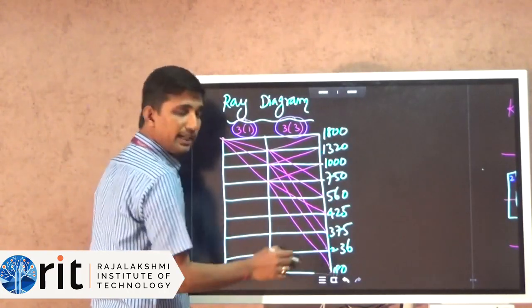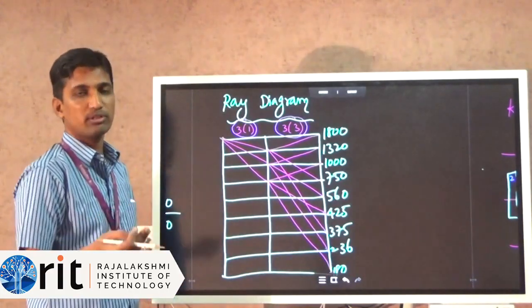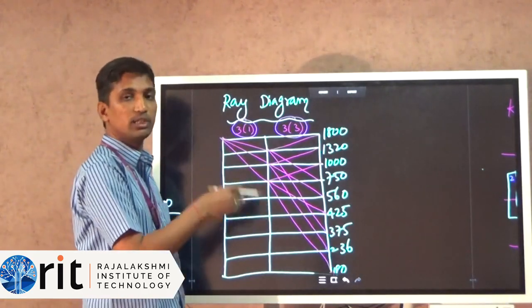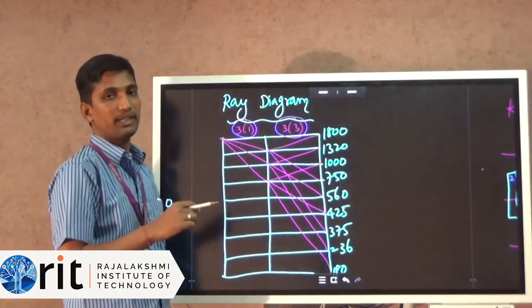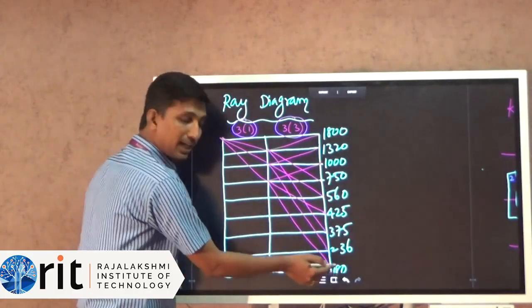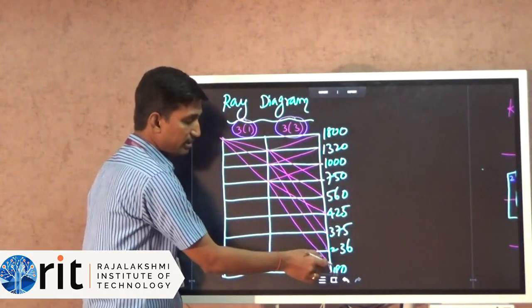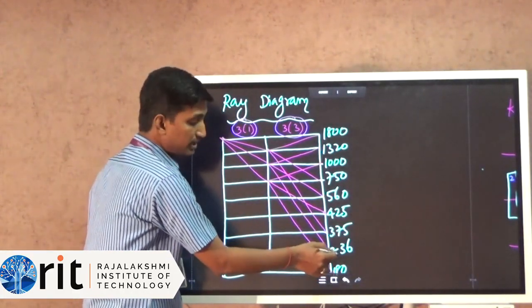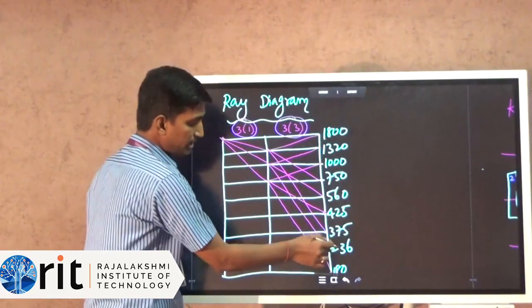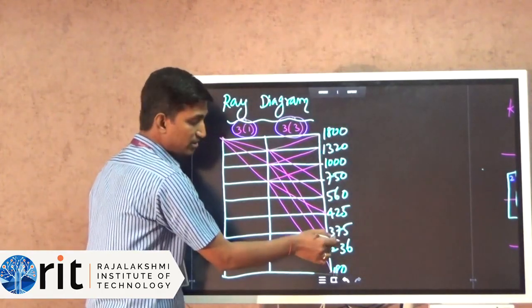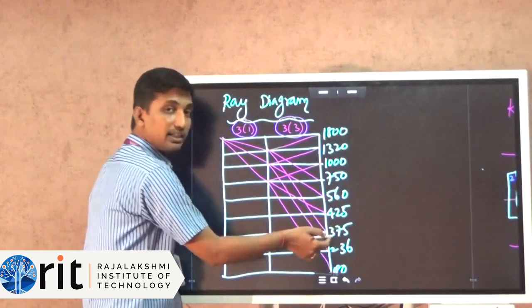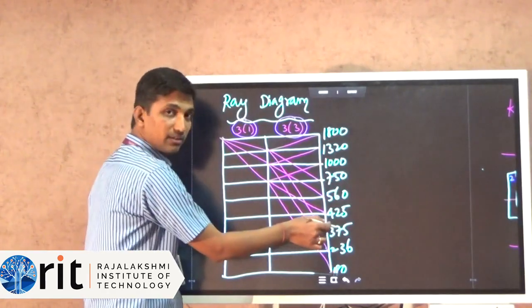Then this 180 has to be multiplied by the progression ratio, which we already found in that problem as 1.33. The multiplication gives the value of 236. Similarly, 236 multiplied by 1.33 gives 375.